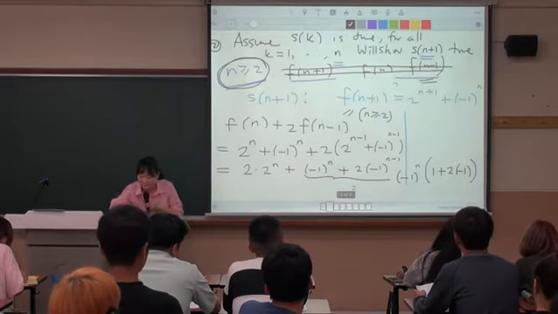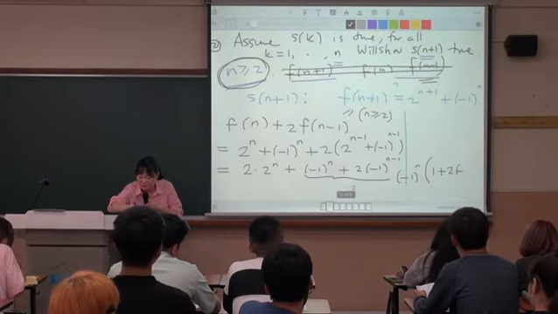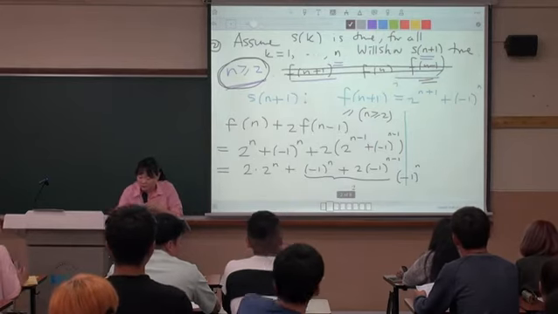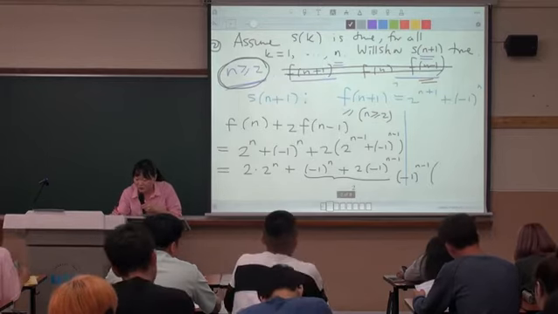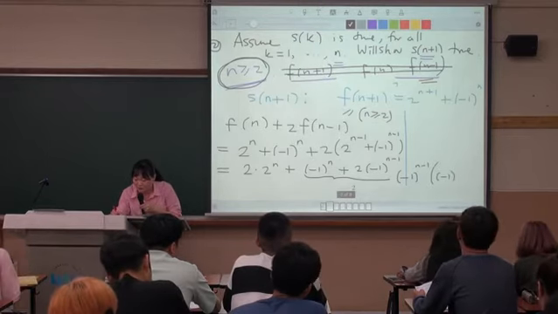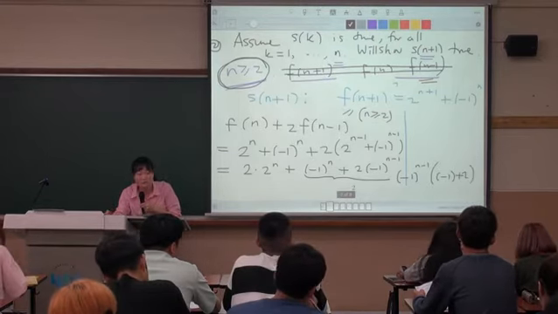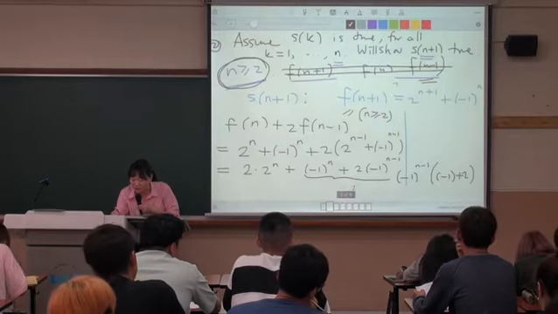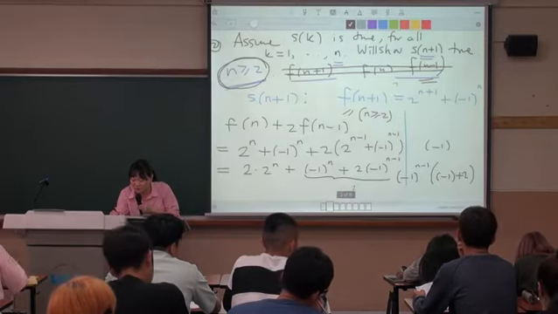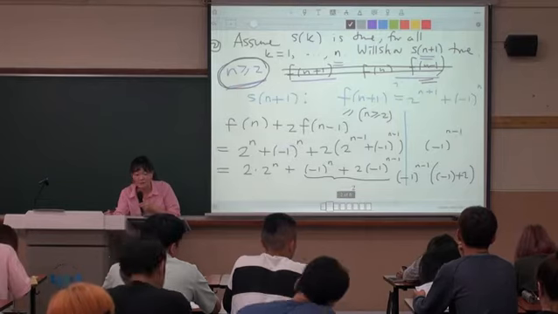Yeah, right. So this, if I put n minus 1, then we get minus 1, 2. So what do we get? Minus 1 to the n minus 1. Right?